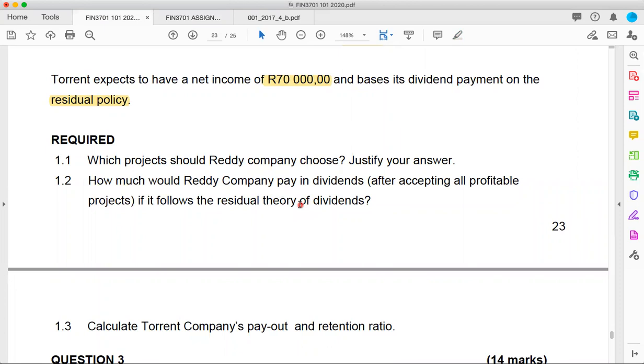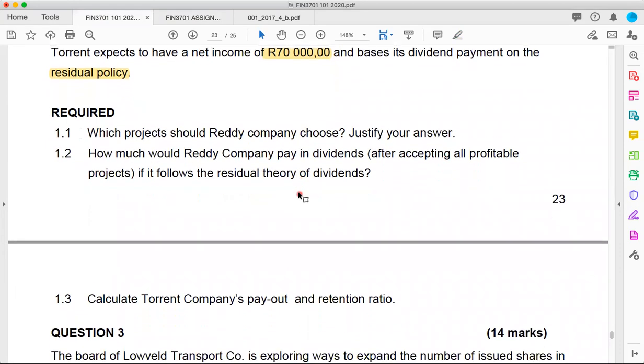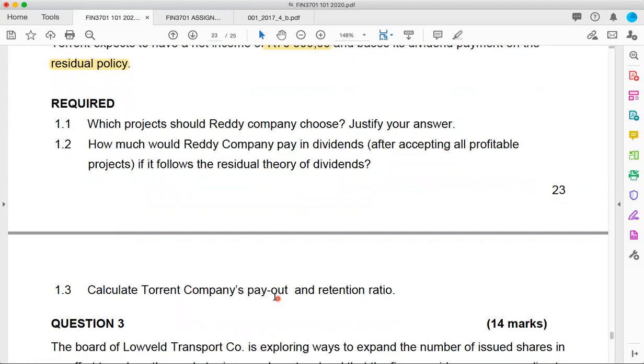Remember, the residual theory of dividends says if you have retained earnings, you first use those retained earnings to finance the equity that you require for any capital expenditure. And then the retained earnings or the net income that's left after financing equity is what you pay out as dividends. And then lastly, you're asked to calculate the payout ratio and the retention ratio.